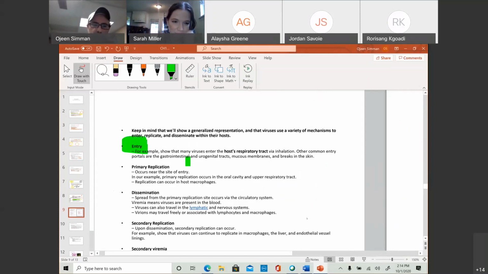For example, many viruses enter the host cell through the respiratory tract. For example, the coronavirus SARS-2 virus is transmitted through the respiratory route. Other common portals of entry are the GI and the urogenital route, mucous membranes, or sometimes even breaks within the skin secondary to trauma.